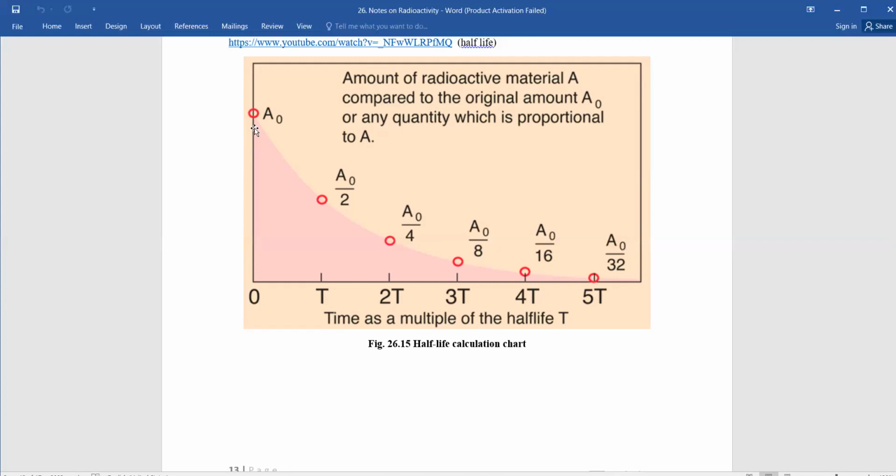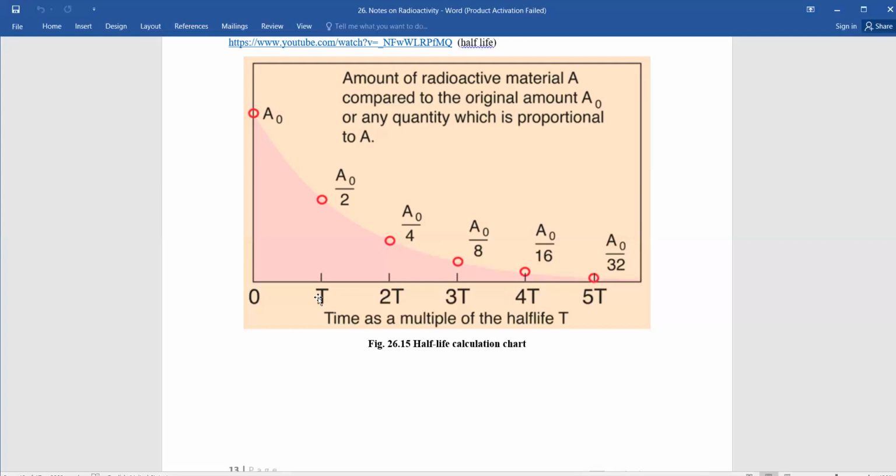After one half-life, considering T as the half-life, it will be A naught by 2. Then after 2 half-lives, it will be A naught by 4.